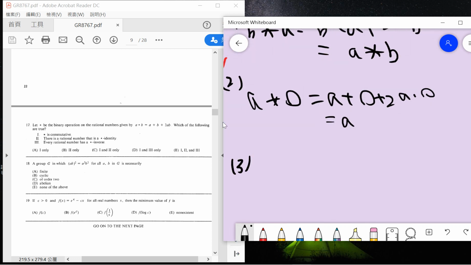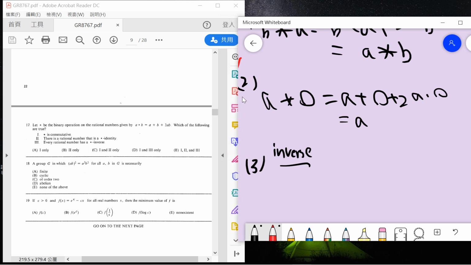And the third, he said that for every rational number there's an inverse. So this is difficult, because he only says it has an inverse. He didn't say whether by inverse he means the multiplication inverse or the additive inverse.